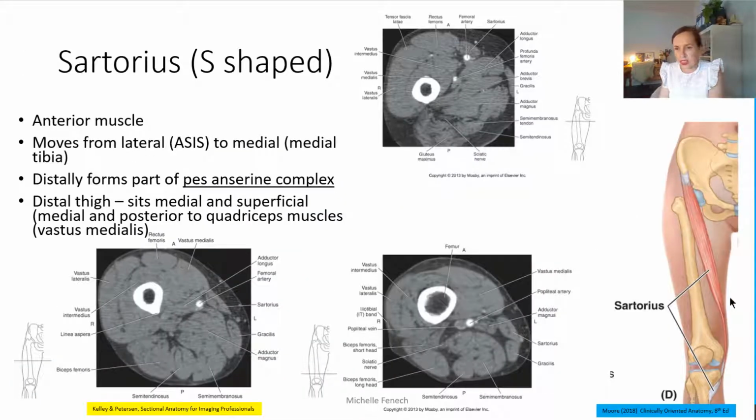As I said, there's that sartorius muscle. So between our sartorius and our adductor muscle is our adductor canal, and you can see how it sits on the medial aspect of the thigh, and that's where our femoral artery will sit up to about this point, and then it tends to move more posteriorly, and that's sort of the path of it. It comes down here, but then it runs through this way.